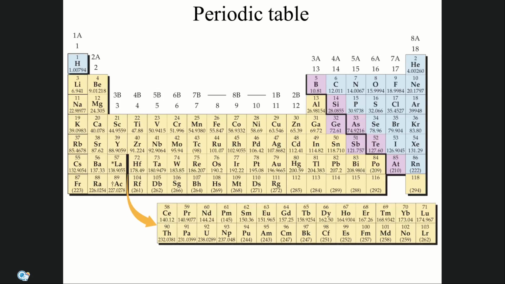That is, a metal can be pounded into different shapes rather than shattering when struck. Note that metals occur on the left side of the periodic table. In this variant of the periodic table, metals are yellow.